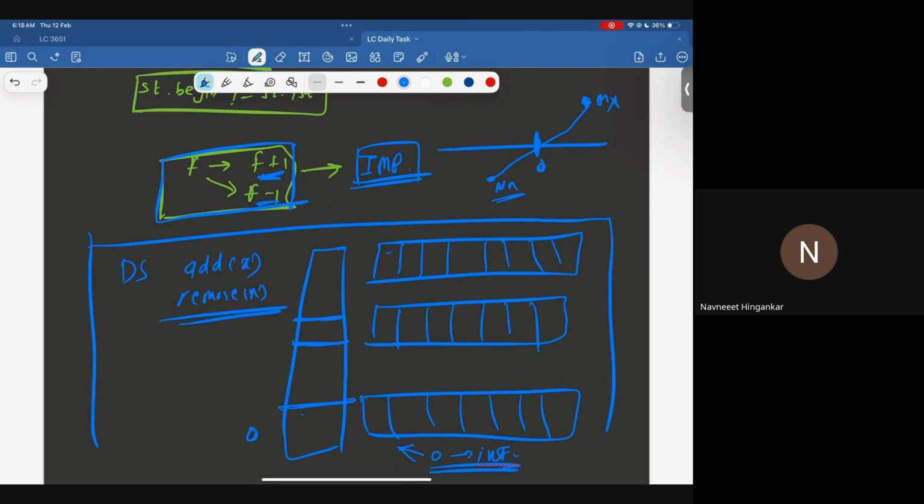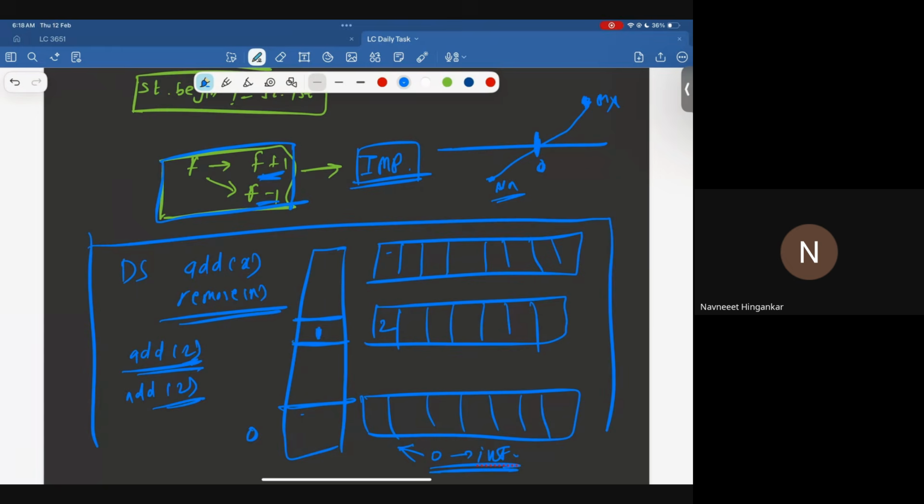So let's say I add 2 to my data structure. The moment I add 2, I will put it here. This is frequency one, so the count of 2 becomes 1, and 2 comes here, right? Now what will happen when I add another 2?